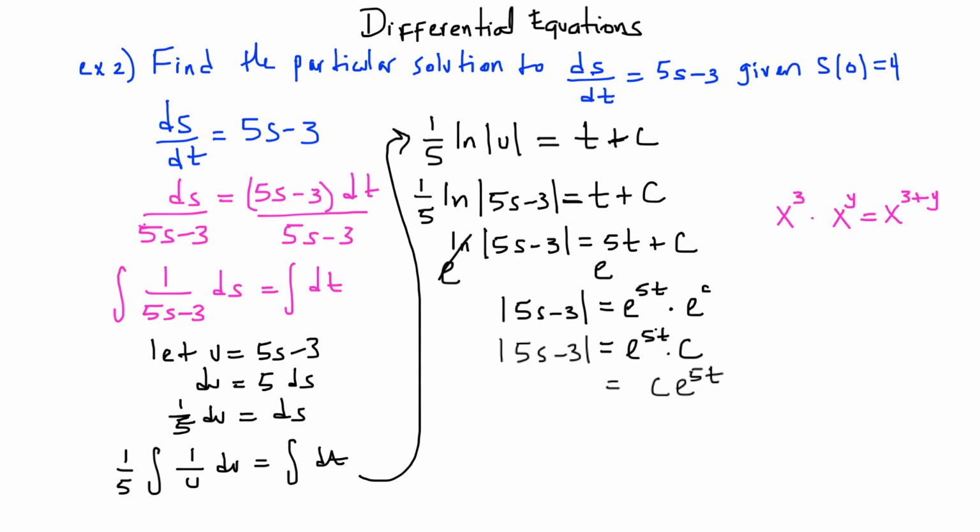To cancel an absolute value, all you have to do is rewrite it as plus or minus 5s minus 3. And this is getting us closer to s. And the plus or minus, I'm going to divide it out. And so then 5s minus 3 equals, you can think of this as being a 1, and then I'm dividing both sides by plus or minus. But when I divide 1 by plus or minus, I just get plus or minus on the other side.